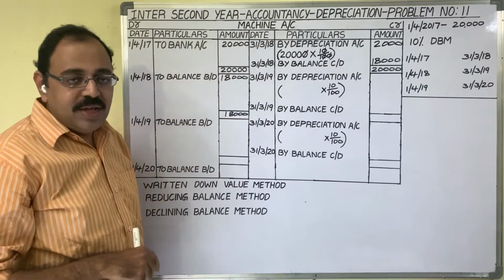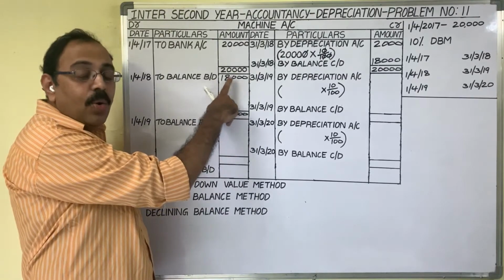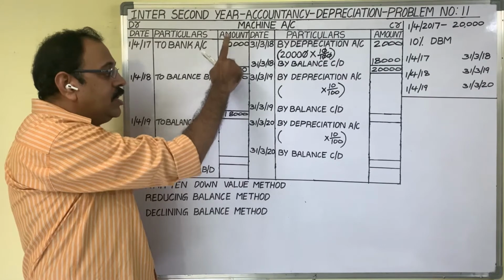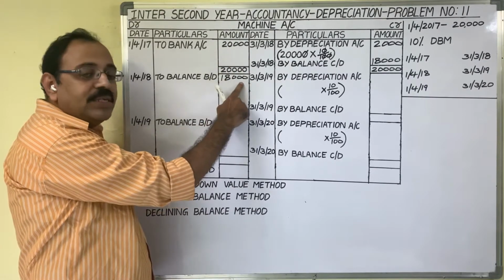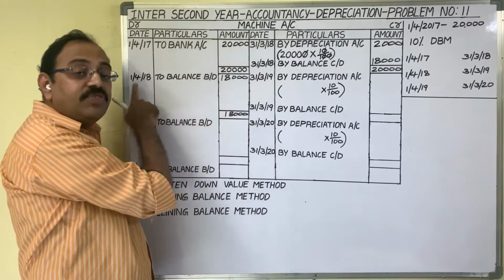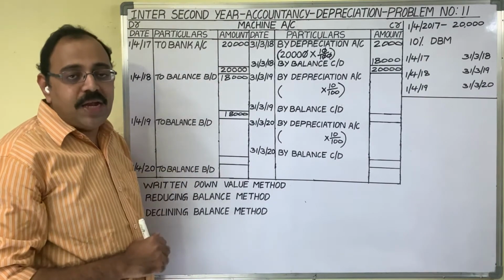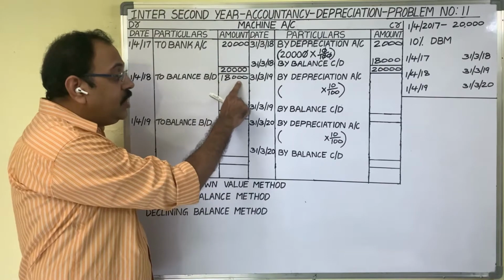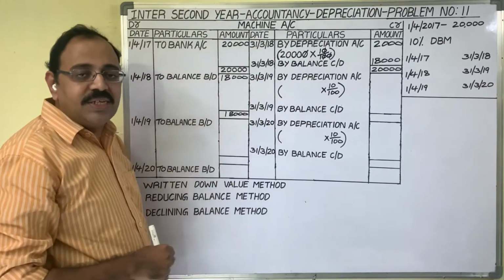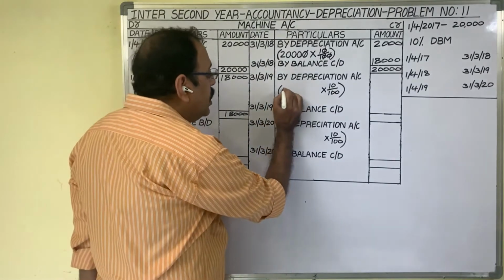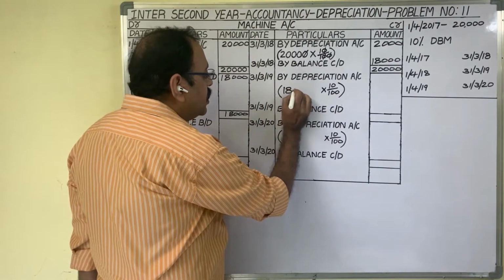That is why in the first year there is no difference between the fixed installment method and the diminishing balance method. But come to the second year: the original cost of the asset is 20,000, but the opening balance of the asset on the starting date of the second year is 18,000. In the diminishing balance method, on 18,000 we should provide the depreciation. So on the credit side, again we have to show the depreciation calculation.